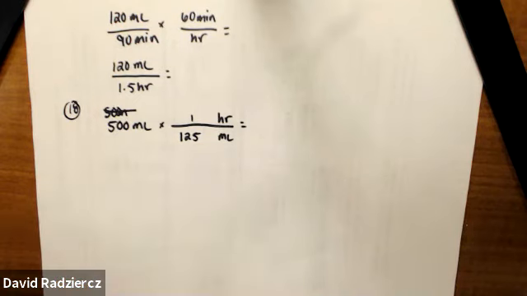The rate is always volume over time. And then the 500 is how much is in the bag. How much is in your IV? Times 1 hour over 125.